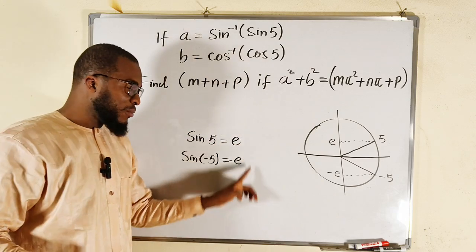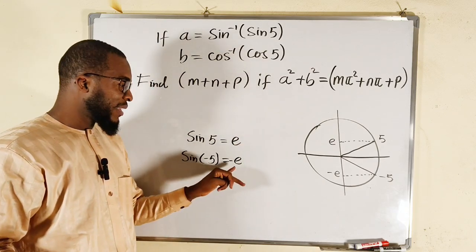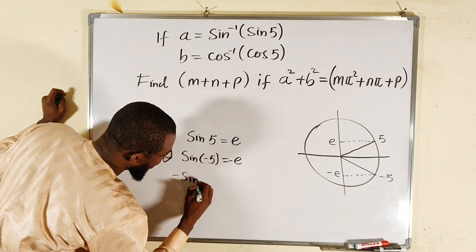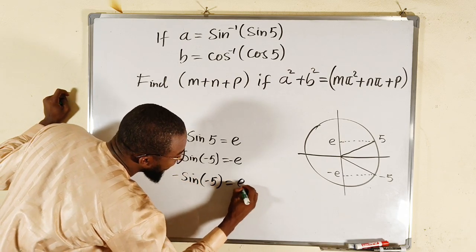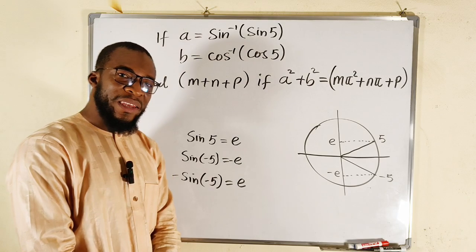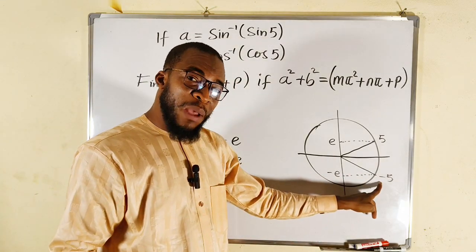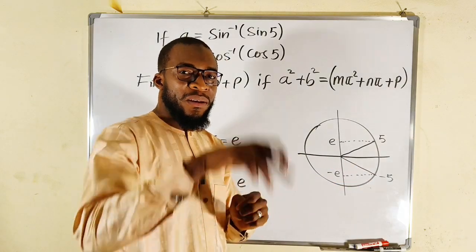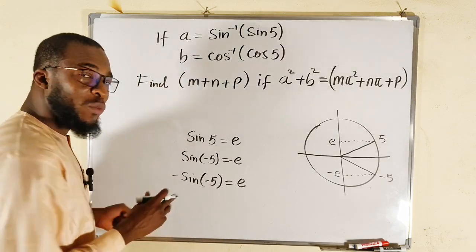But if we want them to be exactly the same, we can multiply both sides by a negative sign, such that the right hand side will be positive. So negative sine of -5 will be equal to E, definitely. But remember that a negative angle can be converted to a positive angle by adding a complete cycle, which is 2 pi. So instead of this, we can write 2 pi to make it positive.